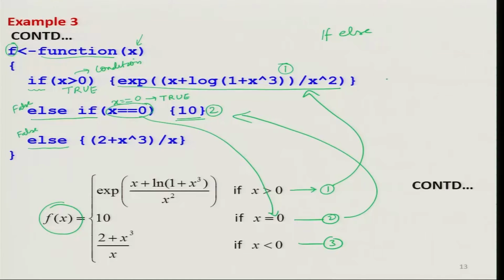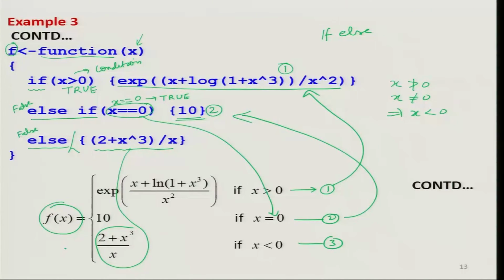So, if x is not greater than 0 and x is not equal to 0, that means obviously x is going to be smaller than 0, and in this case, without writing any condition, I can directly write down the function here. You can see that in just three lines, using a logical operator and the if else statement, I can write down the entire program.